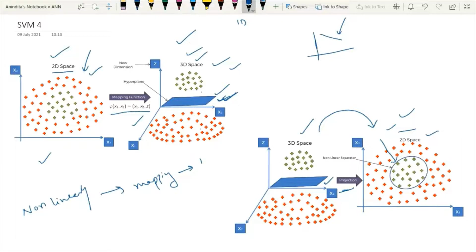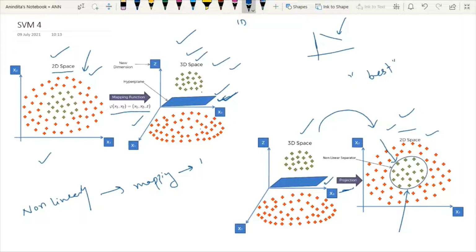Then easily you will get the hyperplane classifying red from green dots. Here the problem is that this kind of situation is very computationally expensive, highly computation intensive. We need lots of computation, so this approach is not the best one.